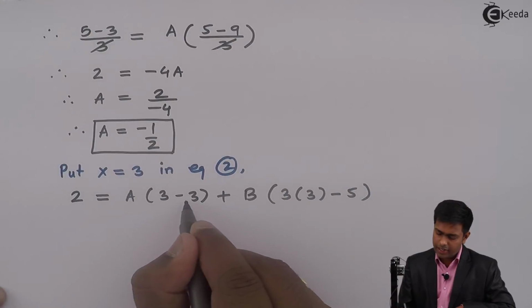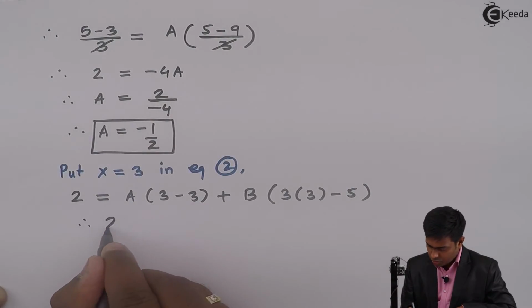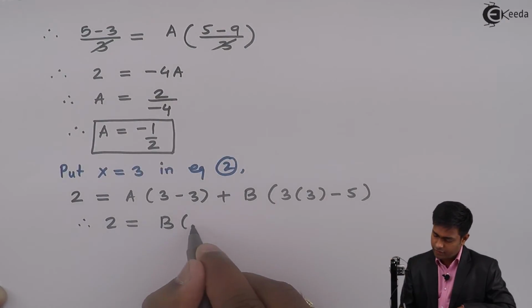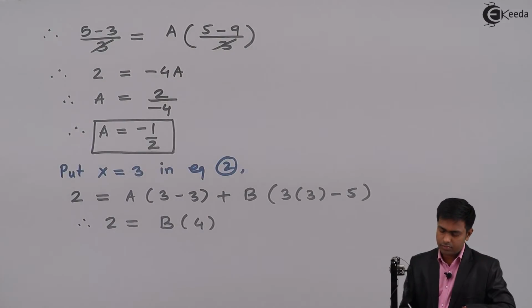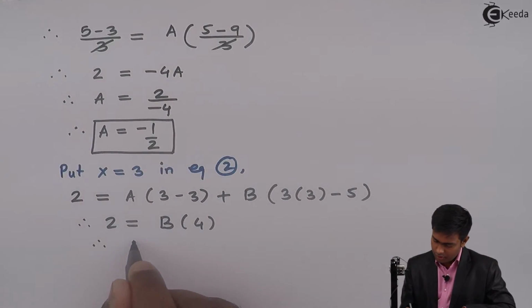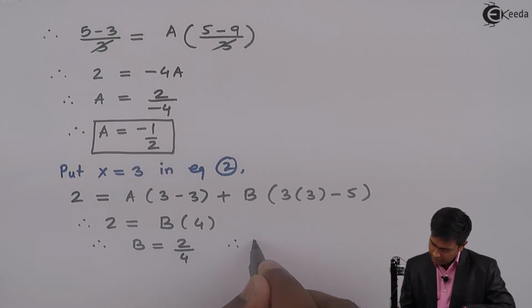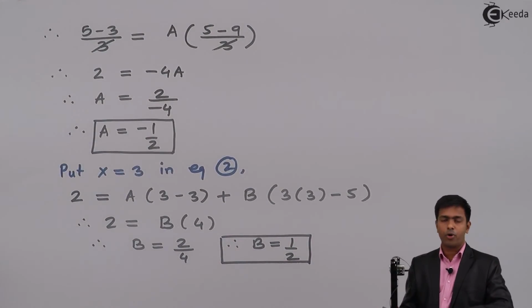Now 3 minus 3 is 0, so this term will become 0, so 2 is equal to B into (9 minus 5), that is 4. Therefore B will be 2 by 4, or I will say B is 1 upon 2. So we got the value of B as 1 upon 2.